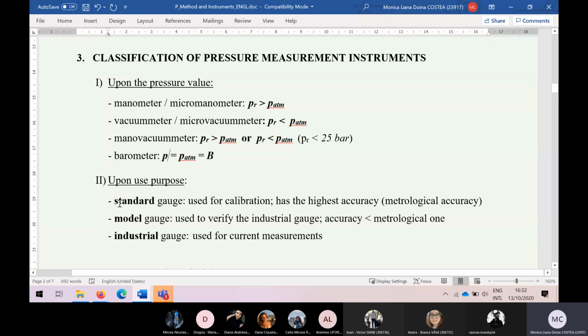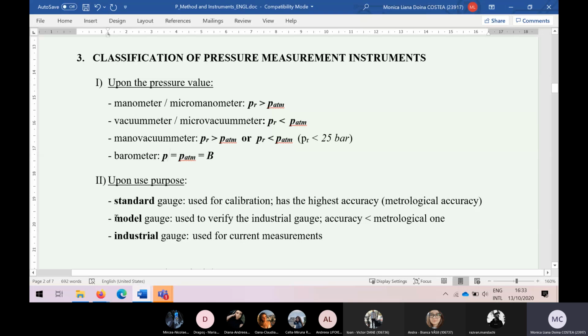All right, the purpose of the measurement, and the accuracy as well, because they are connected. We are speaking about standard gauges, which are used for calibration, so are expensive instruments, and they are kept at the Metrological Institute, and of course have a very high accuracy, the so-called metrological one. If we have lost the scale, in that case we can ask for a standard gauge.